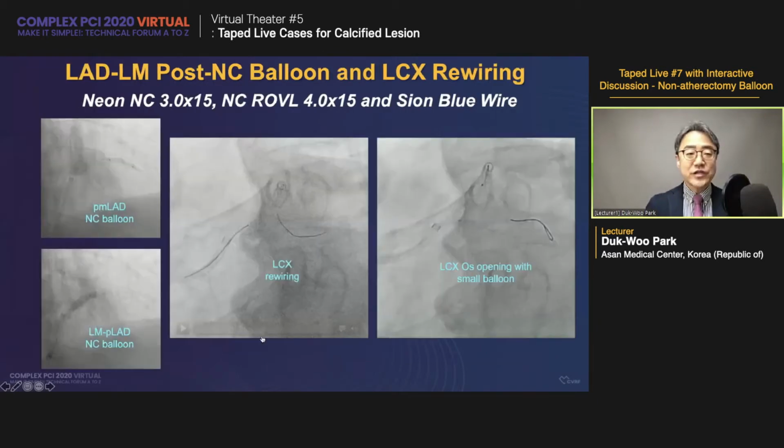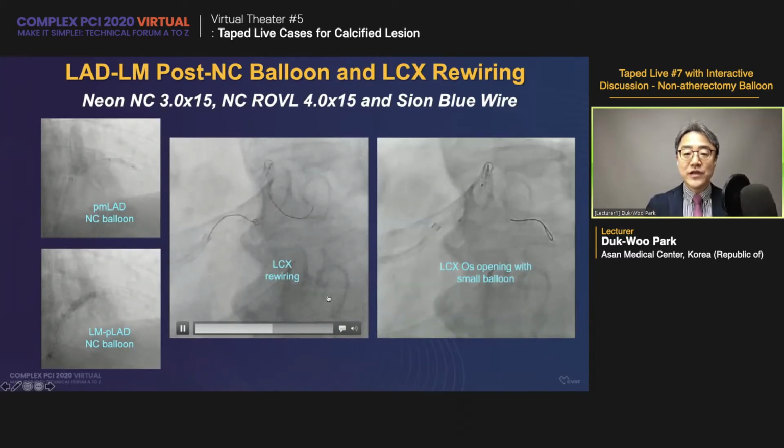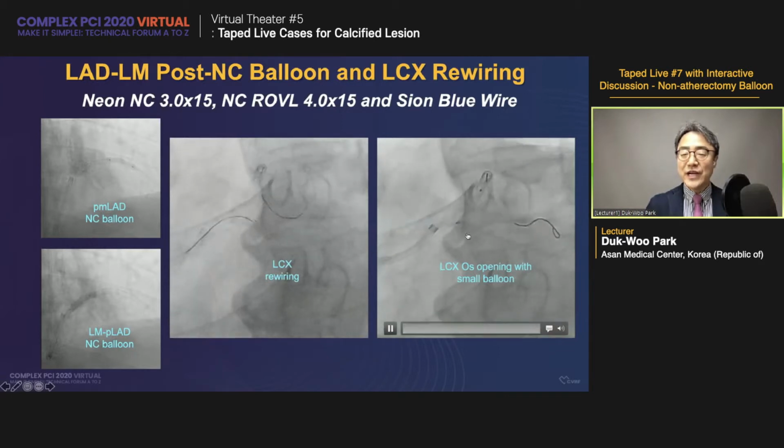Then proximal and mid part NC balloon using 3.0, left main 4.0, and then rewiring the LCX using the Cyan Blue wire, and after anchoring, LCX opening using a 1.25 small balloon.